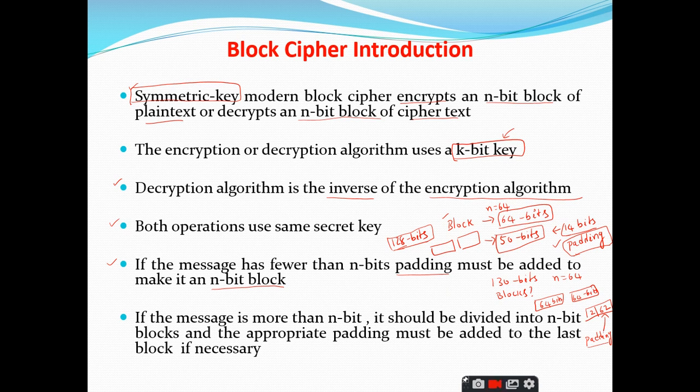Because we are discussing the concept of symmetric key cryptography, where both encryption and decryption make use of the same key. Right. When we have fewer bits to frame a block, you should use a technique called padding, which involves filling up the bits with dummy data. And when we have more bits compared to the block size, you make use of a technique called dividing, where the last block can be appropriately filled with the padding technique.